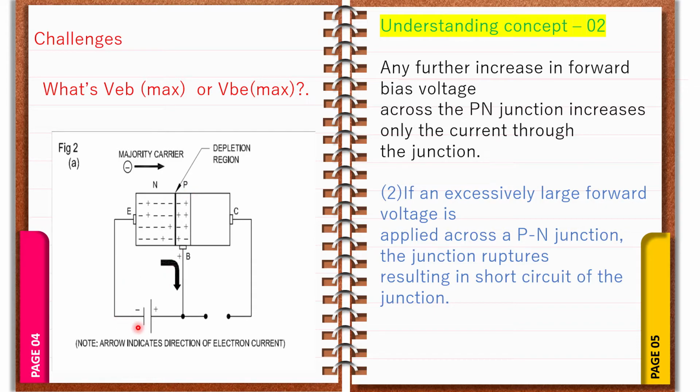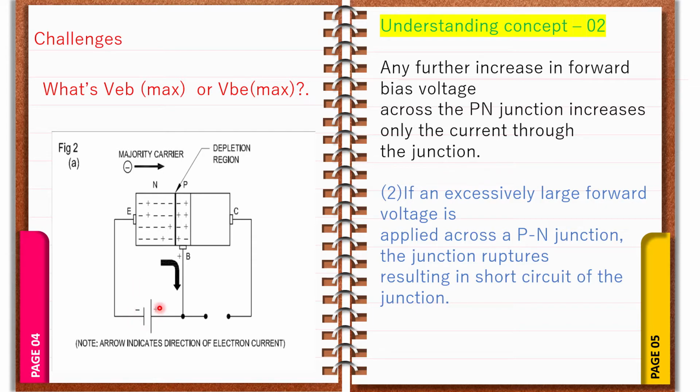If I increase this voltage, what will happen? Only the current increases, but the voltage across the junction stays constant, because I want only 0.3 volt or 0.7 volt.